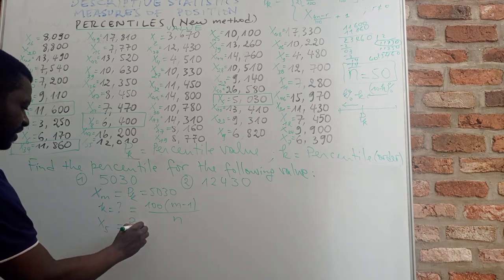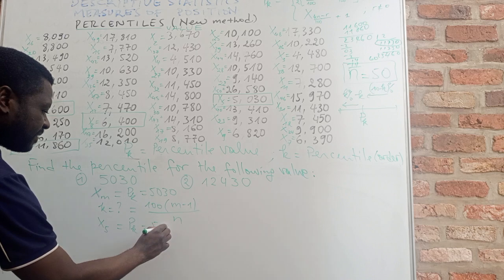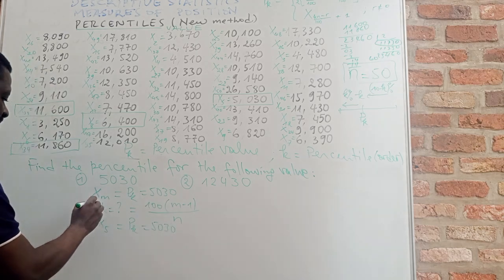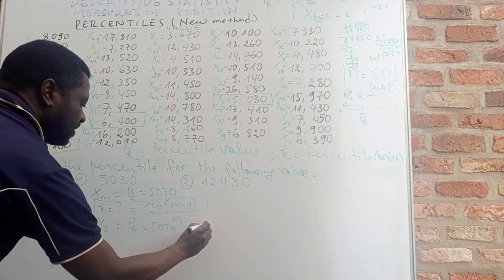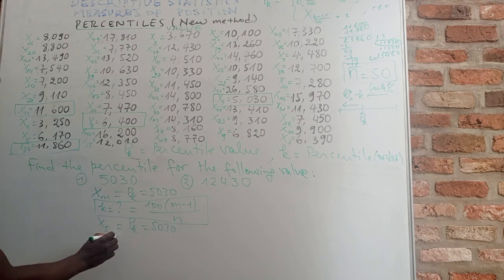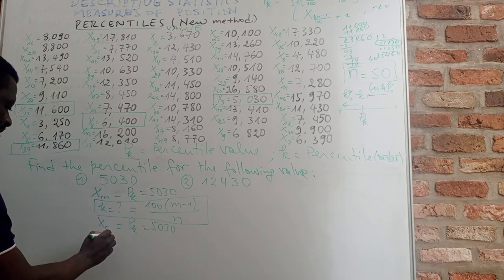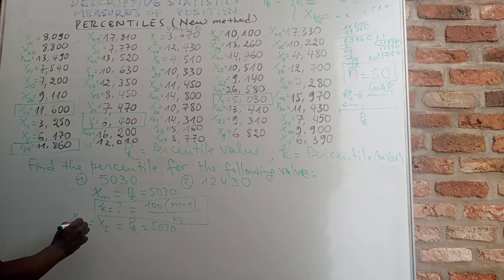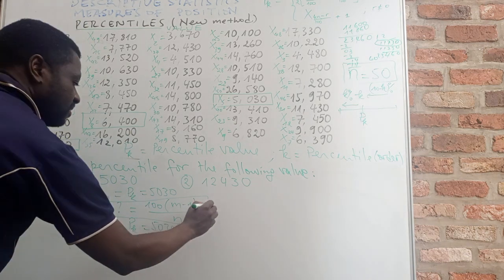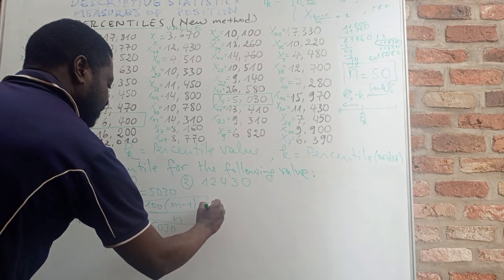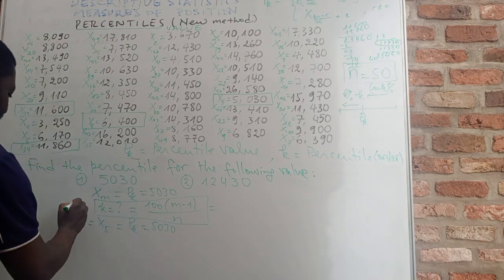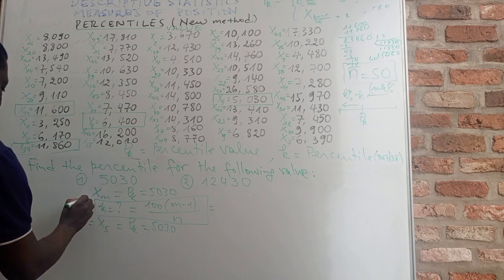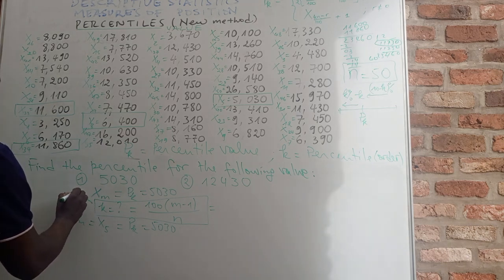Now we have to find that k. As I told you, it is equal to this formula. Now what is the value of m? Looking at this situation, because this is x sub m, this means that m is equal to 5.